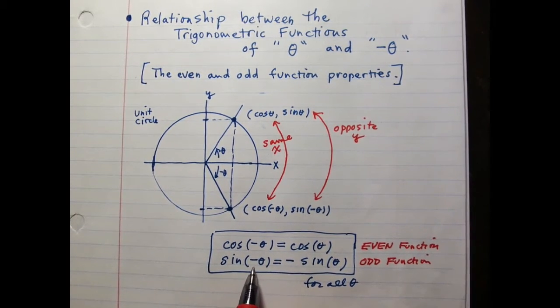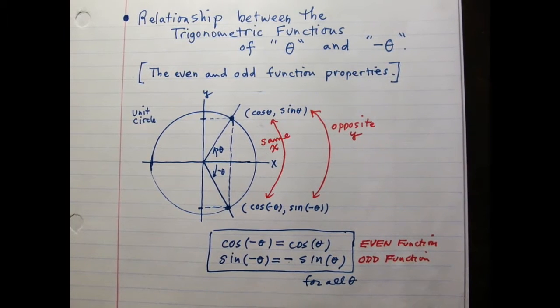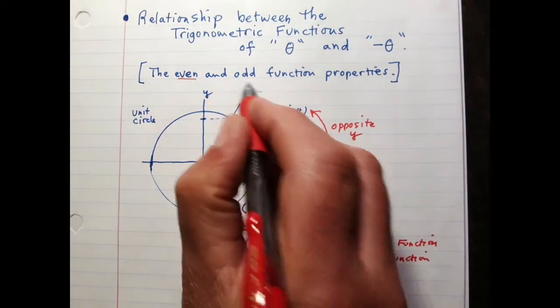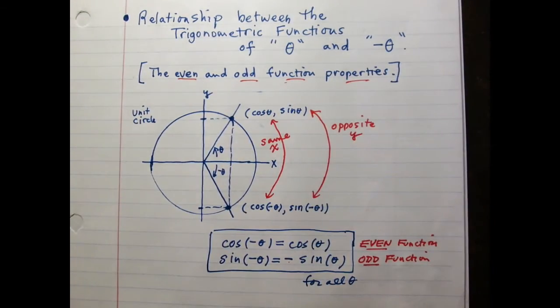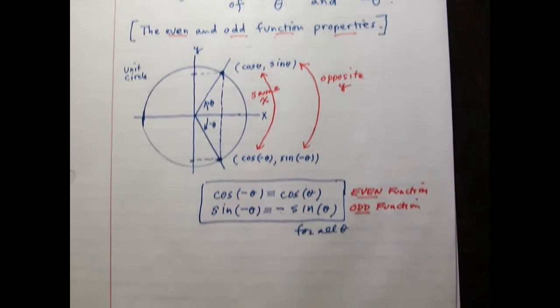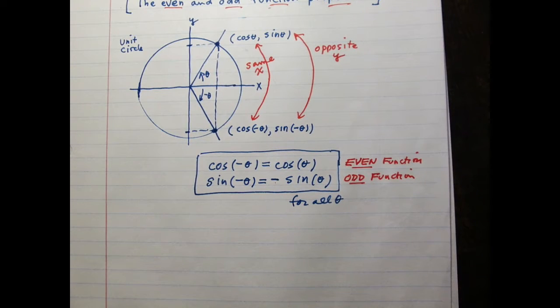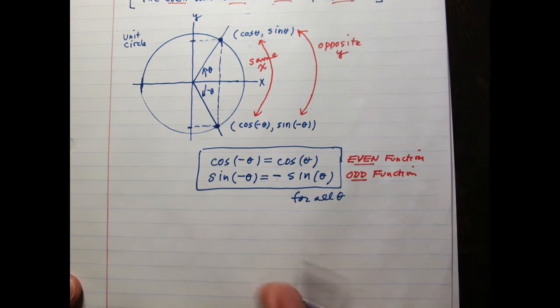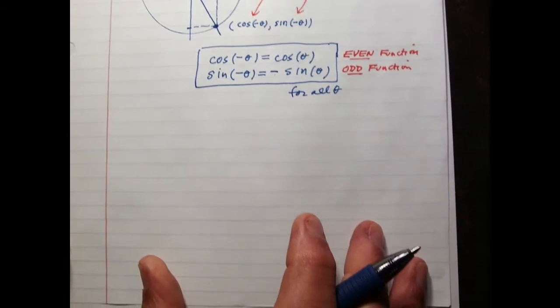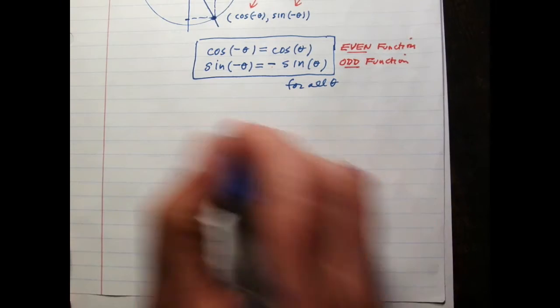So if you take the third power of a negative, it's always going to come out to be the negative of the third power of the positive. So that's where the words even and odd function come from. But I don't care if you remember the name. You just got to remember what's in the box.